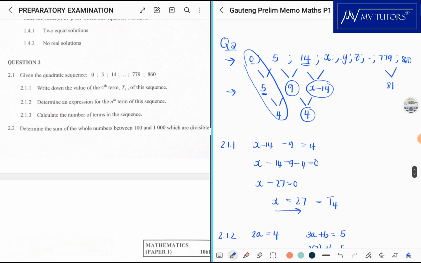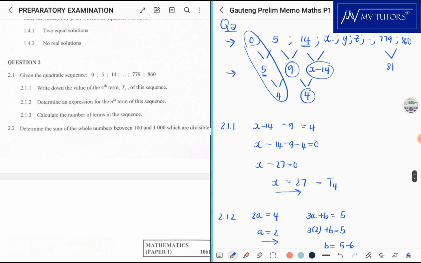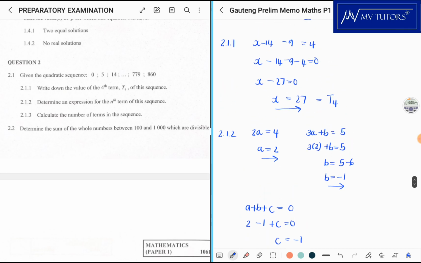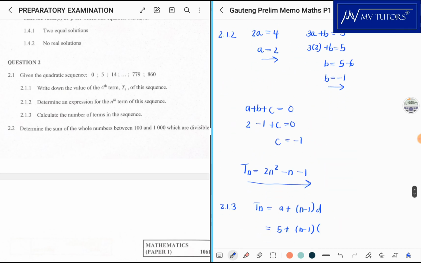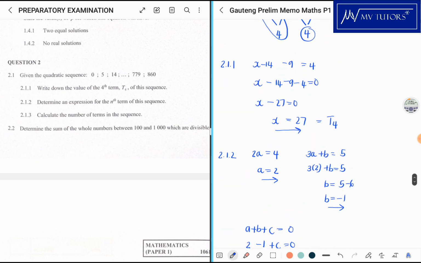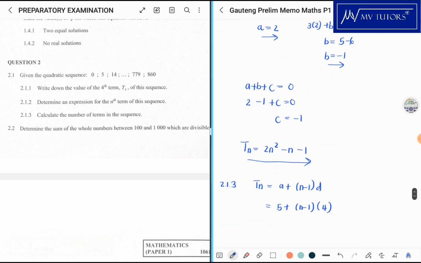So my last term is 81. My first term is 5 for the sequence. If I look at the Tn formula for the arithmetic sequence, my first term is 5, I don't know how many terms there are, and the common difference is 4. The last term is 81.